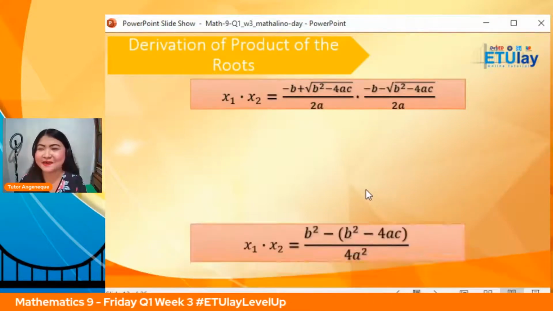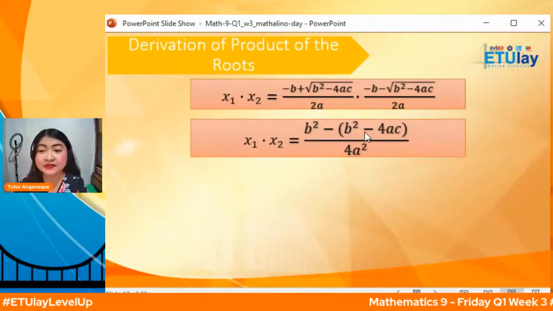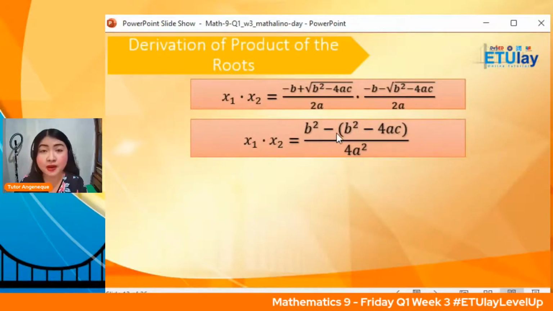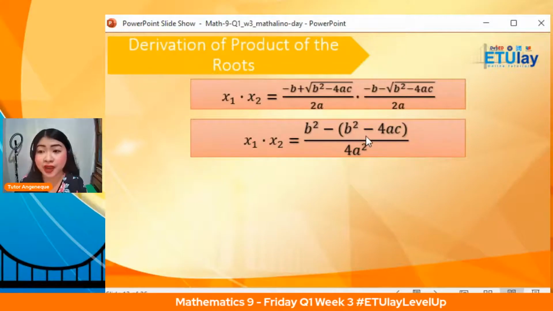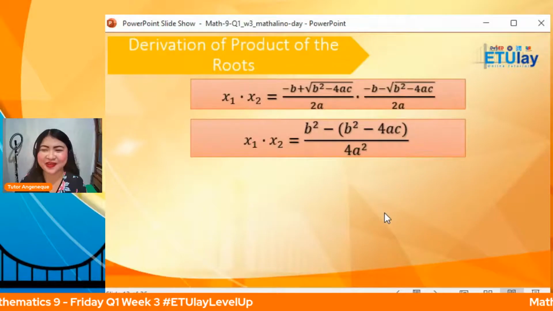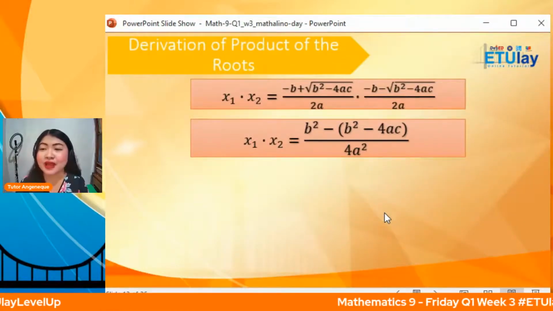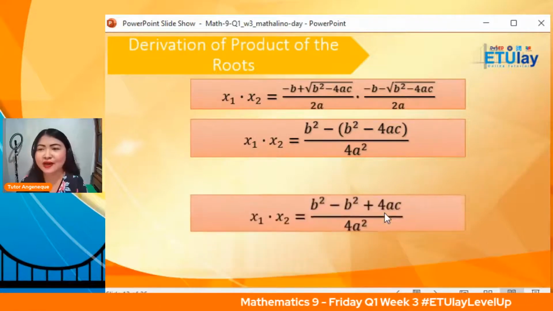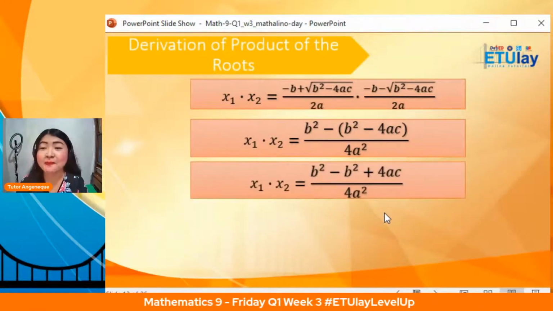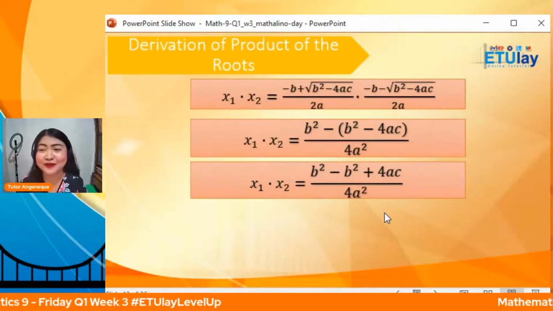Very good. Okay. So when we multiply, ang napansin nyo, difference of 2 squares. So b square minus the quantity of b square minus 4ac all over 4a square. Alright. Now, if we simplify furthermore, we have b square minus b square plus 4ac all over 4a square.